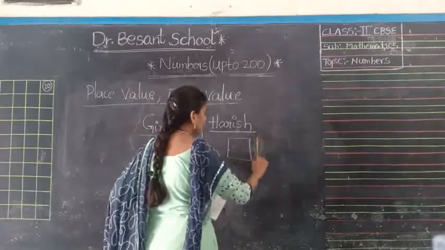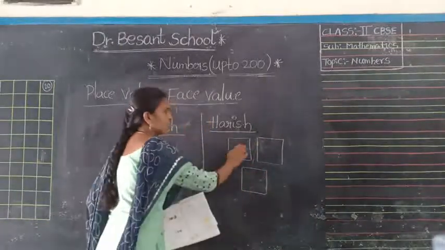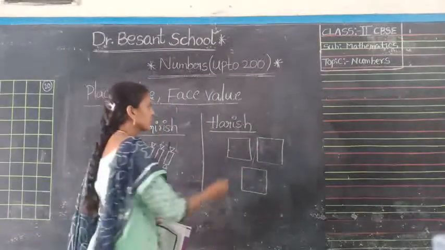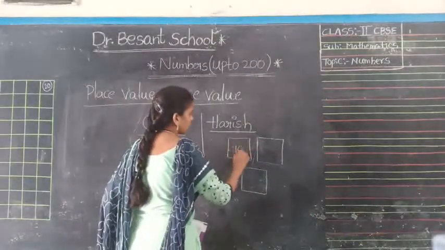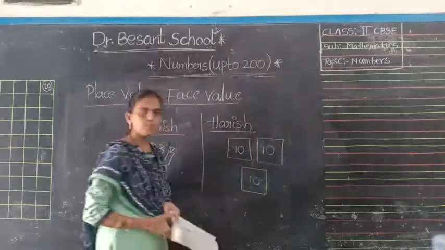Harish buys 3 packets of chocolates, like this. In these 3 packets, 10 chocolates are there in each.